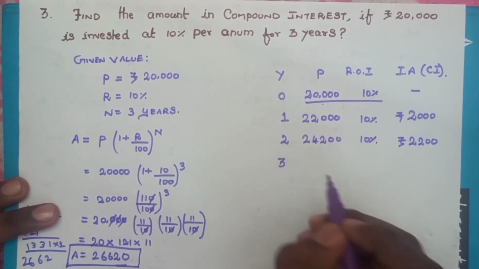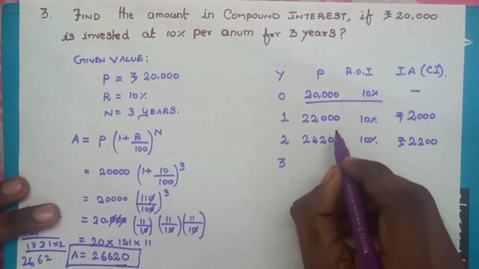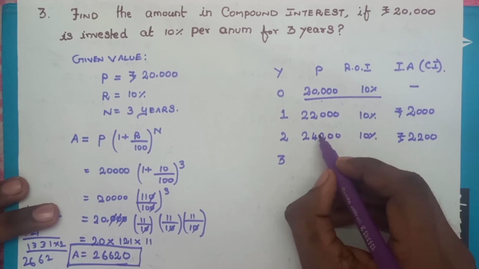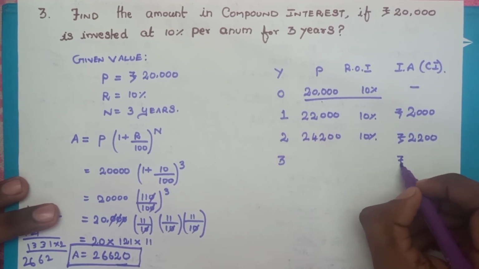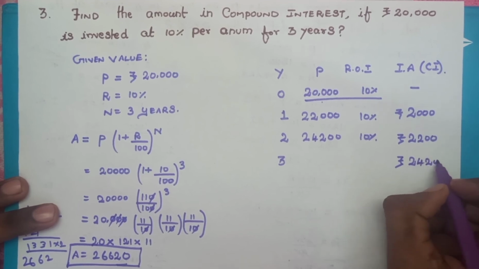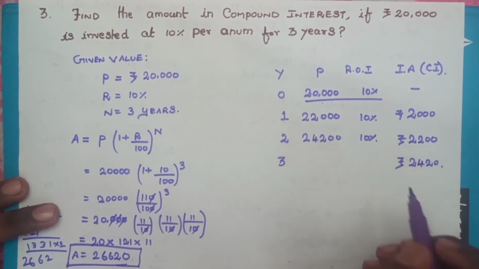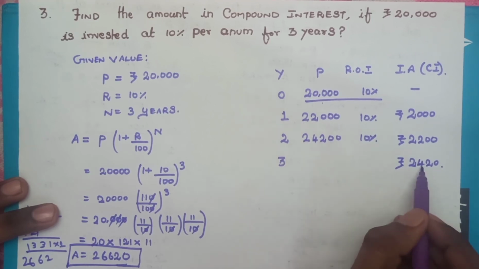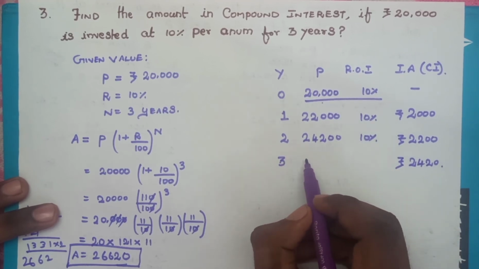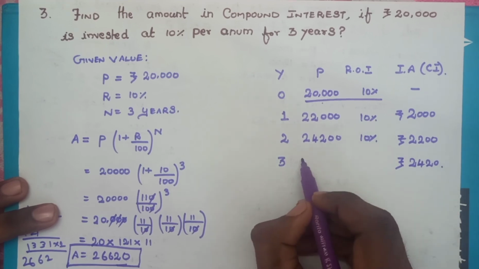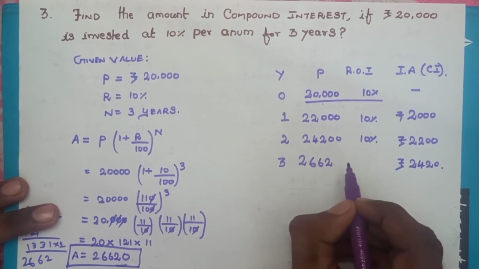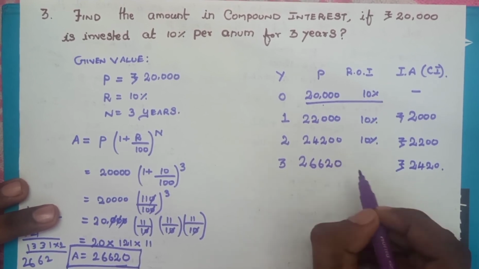And 10%. Here is your final maturity period, the third year. And 10% of 24,200 is 2,420 rupees, right? So we add this: 24,200 plus 2,420, that is 26,620 rupees.